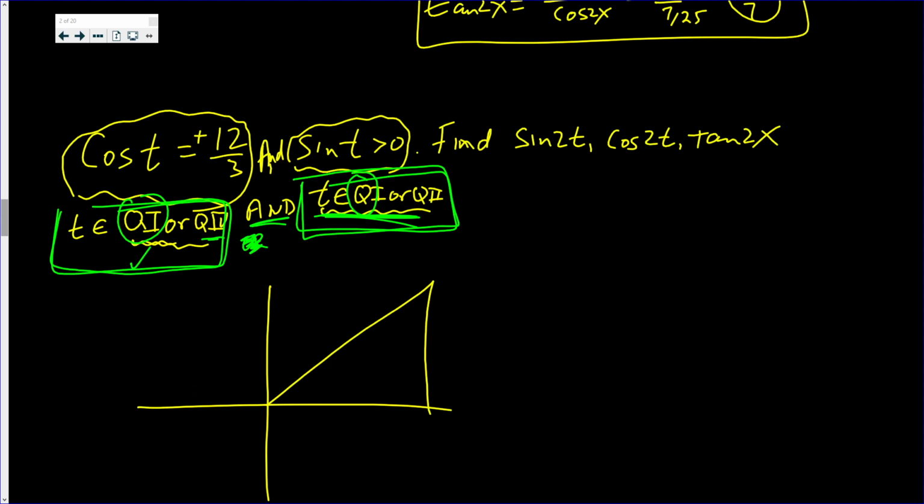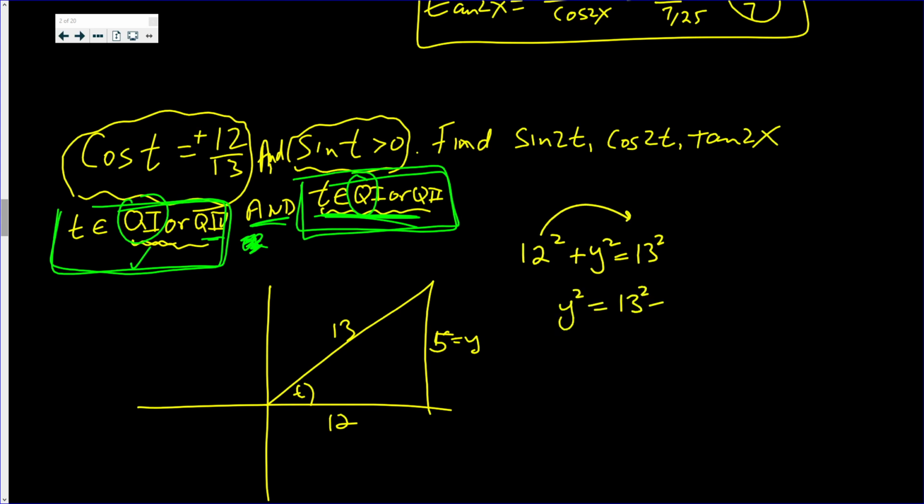And the cosine of t is 12 over 13. You should know that 5, 12, 13 is a Pythagorean triple. If you didn't, let's call it y. Pythagoras will tell you 12 squared plus y squared is equal to 13 squared. I bring that to the other side.